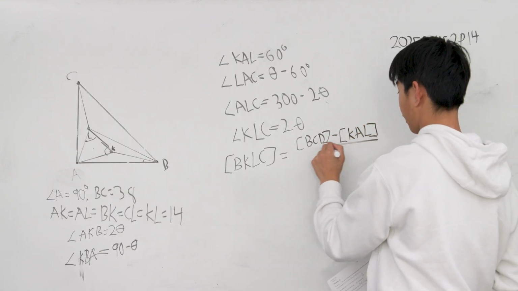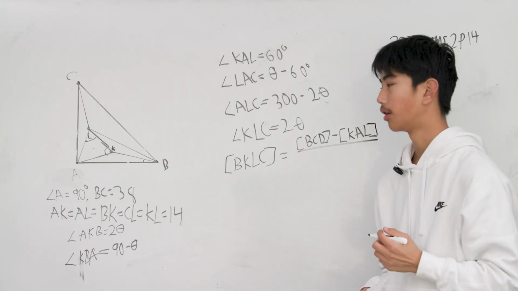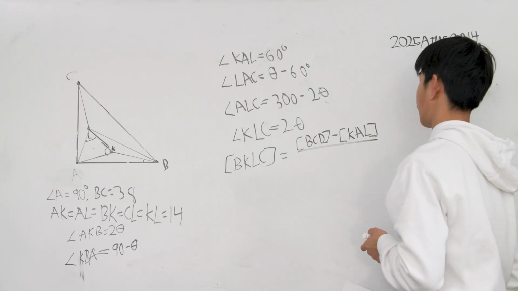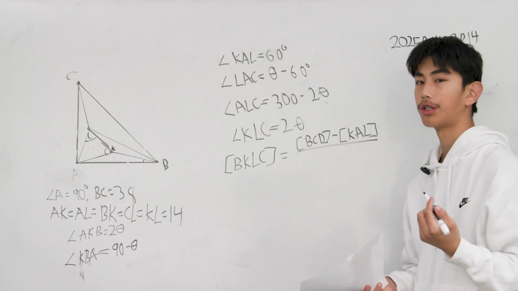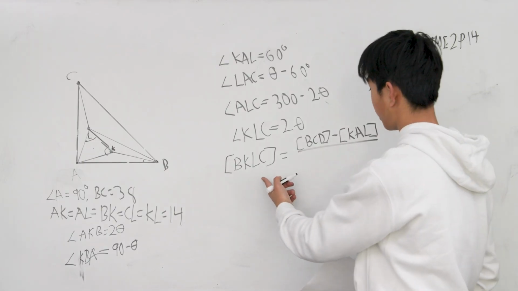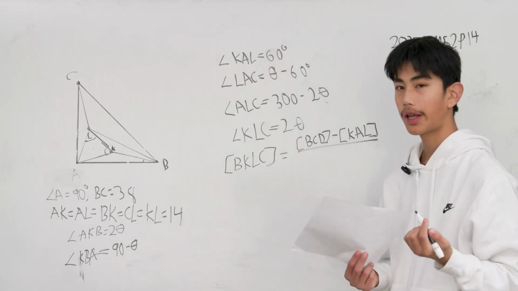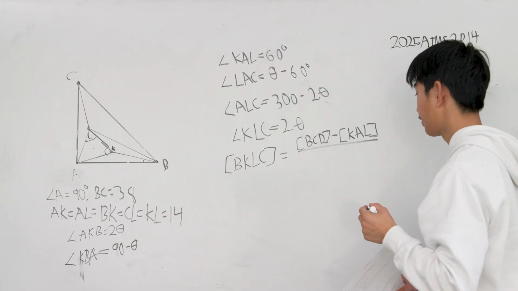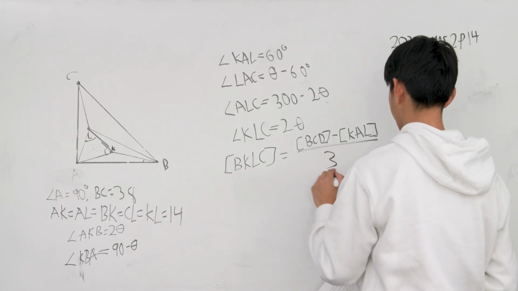That leaves us with the area of the three smaller quadrilaterals, each one equal to the area of quadrilateral BKLC. Therefore, to find the area of one of the quadrilaterals, we have to divide by 3.